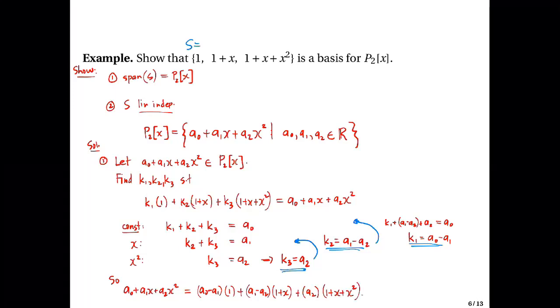Meaning, whatever polynomial of at most second degree you get from P2, using this formula, you will be able to write it in terms of this.